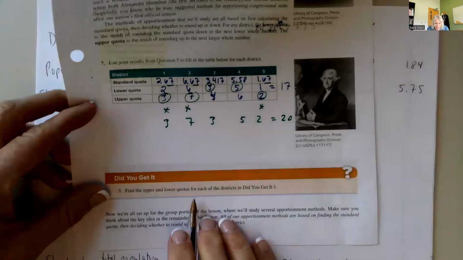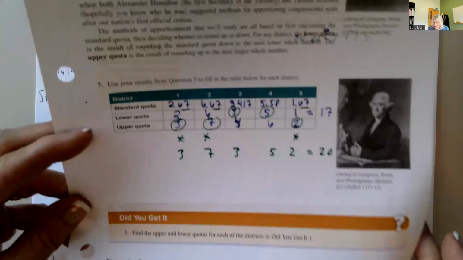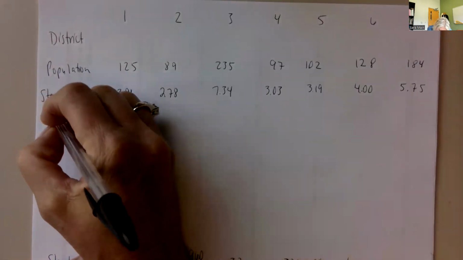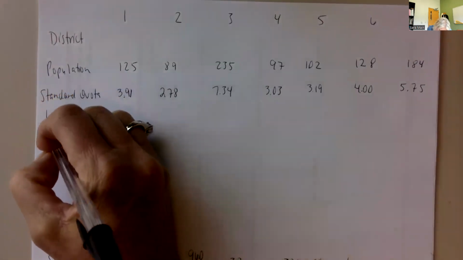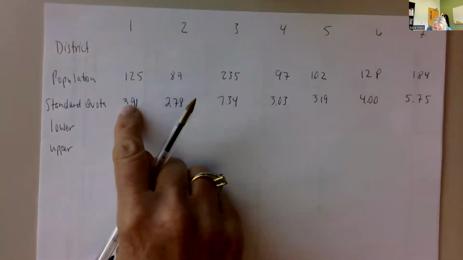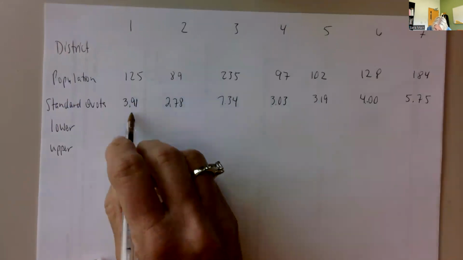Then Did You Get It number 3 said find the upper and lower quotas for each of the districts. I'm going to do the lower and the upper, just like it was in the lesson. The lower is rounding each of them down to the nearest whole number.